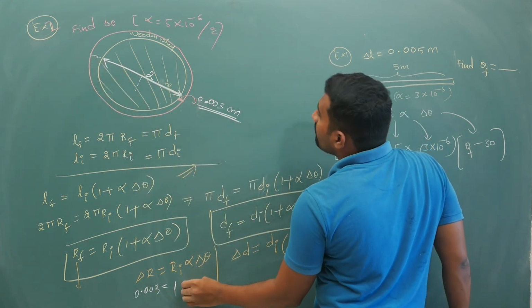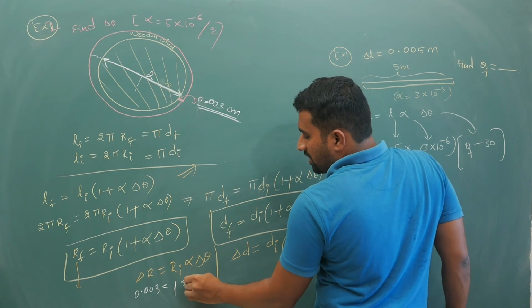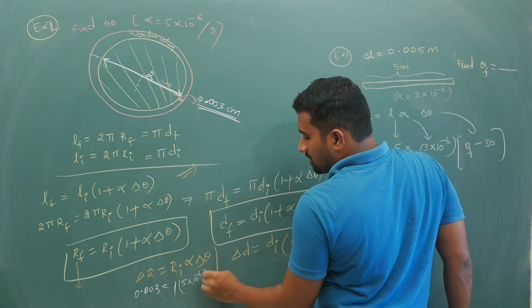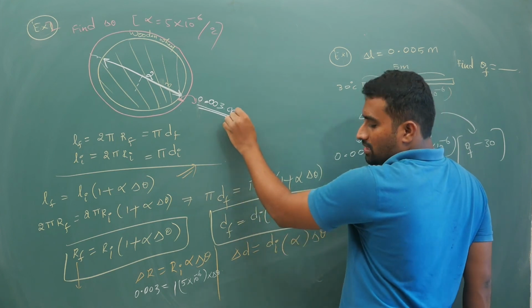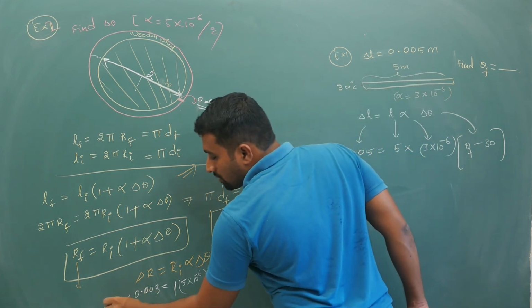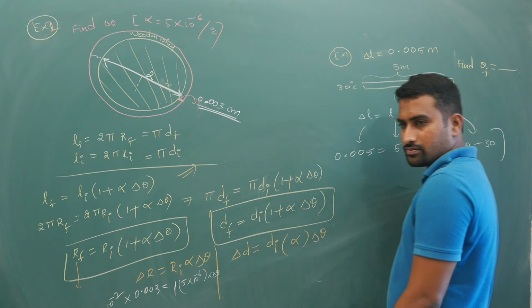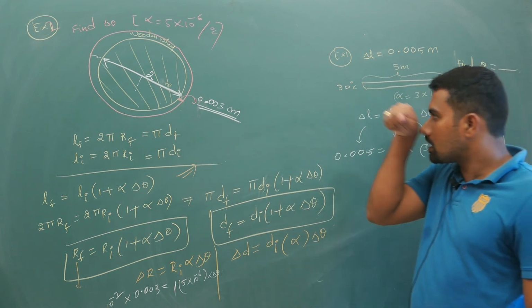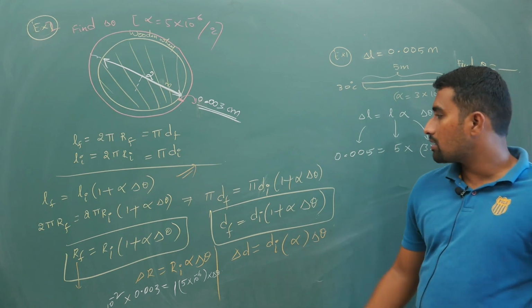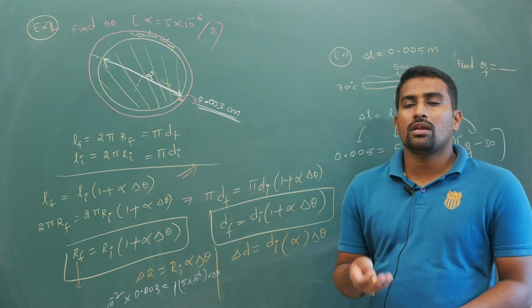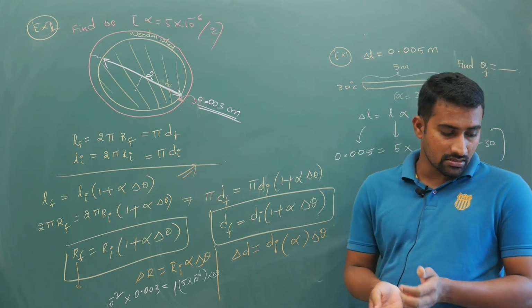So times the alpha value you substitute, 5 into 10 power minus 6, times the temperature difference delta theta. This is in centimeters, so convert it into SI units with 10 power minus 2. Because it is given in centimeters, the 10 power minus 2 is a must; calculate accordingly. Like this you can do basic questions.